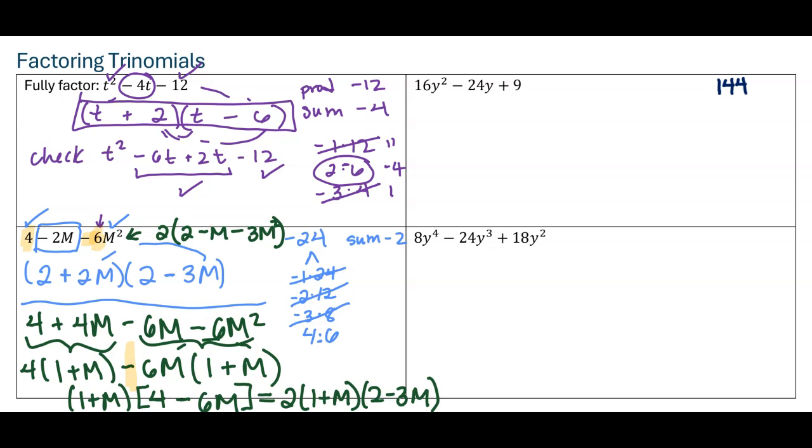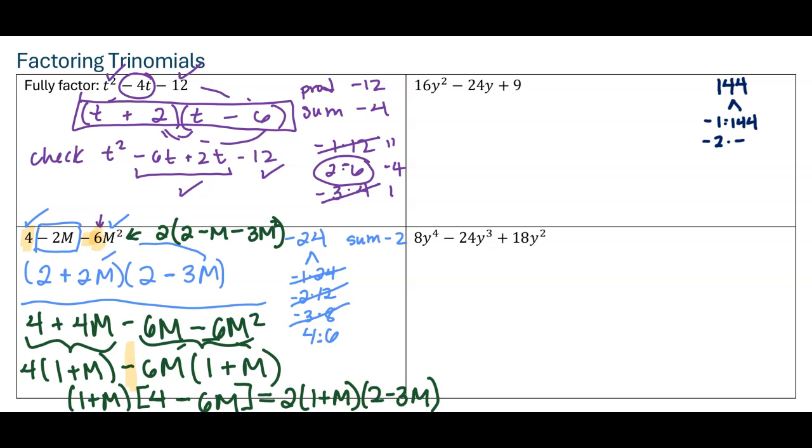And it does actually have quite a few factors, but we can start to eliminate really easily. We need them to add up to negative 24. So we're going to need 2 of the same sign to get a positive 144. So we need 2 negatives. So we could do negative 1 times negative 144. There's no way that's going to add up to negative 24. We could try dividing out a 2.